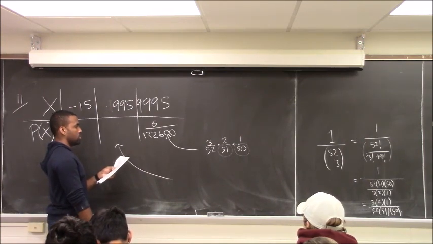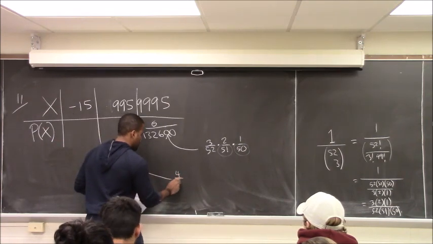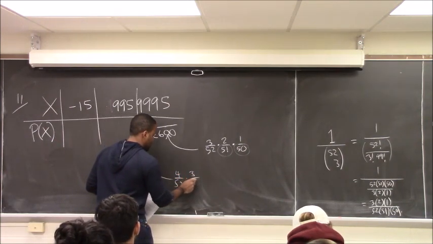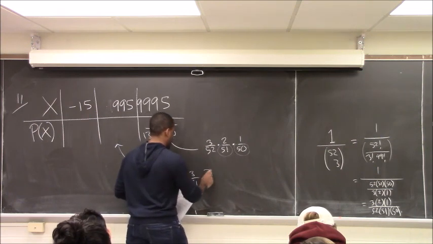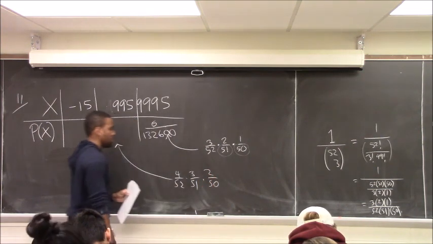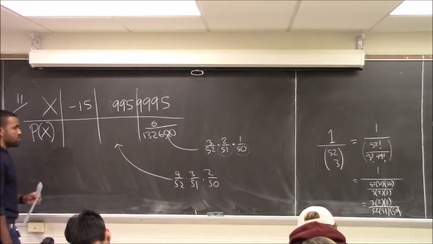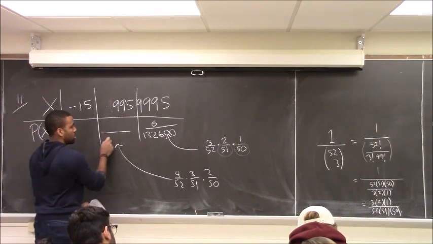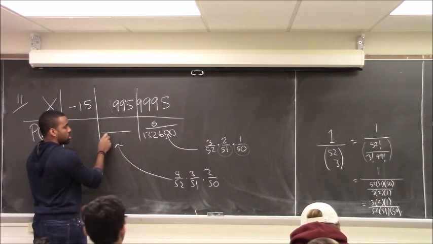We had 4 over 52 times 3 over 51 times 2 over 50. And how much is that? 1 over 5,525.